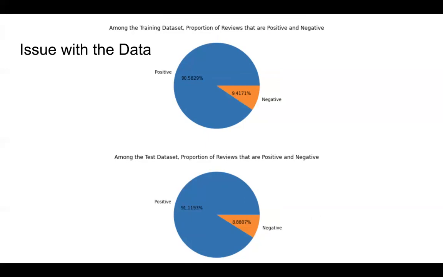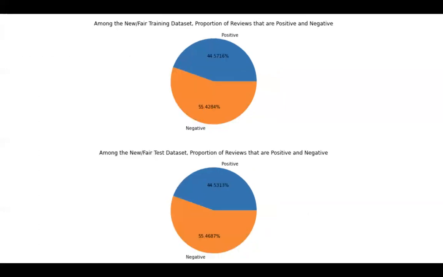We needed to make the data more even, less skewed than this, not a perfect 50-50 proportion of positive and negative, but more even. So we wrote a function that's in the notebook, and this was the new proportion, our new, fair, balanced training data set. We see that 44.57% of reviews are now positive and 55.42% are negative. It's a similar ratio in the new test data set.